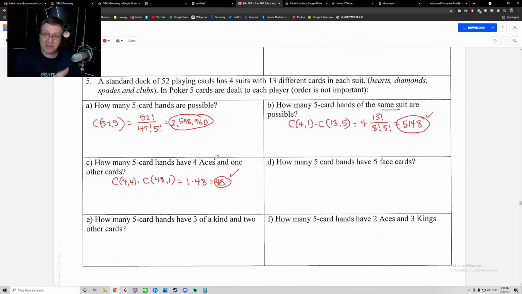How many different ways can I have 4 aces? Well, I've just got to go through every other card in the deck that could possibly be there. And those are all the different hands I could possibly have with 4 aces in it, right? So how many are there going to be? There's going to be 48 because there's only 48 other cards that could be in that last spot, right? So that is what this means, okay?